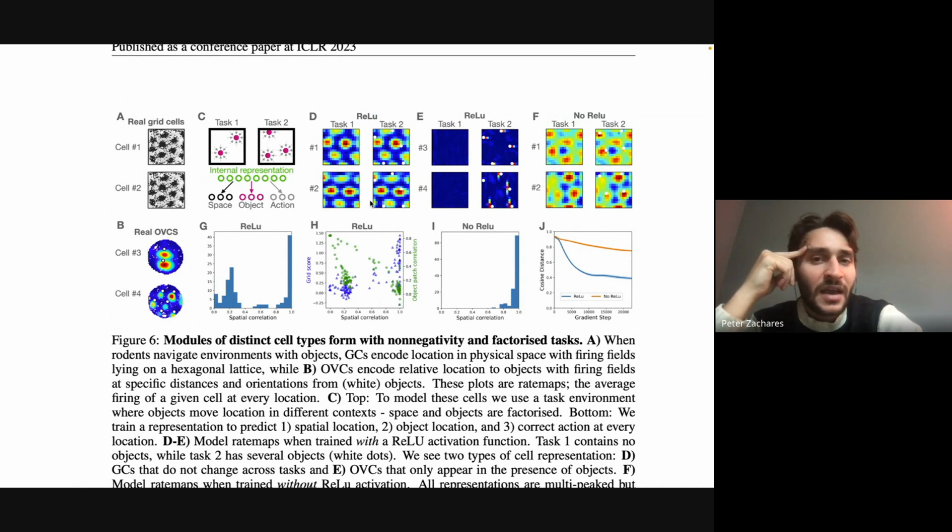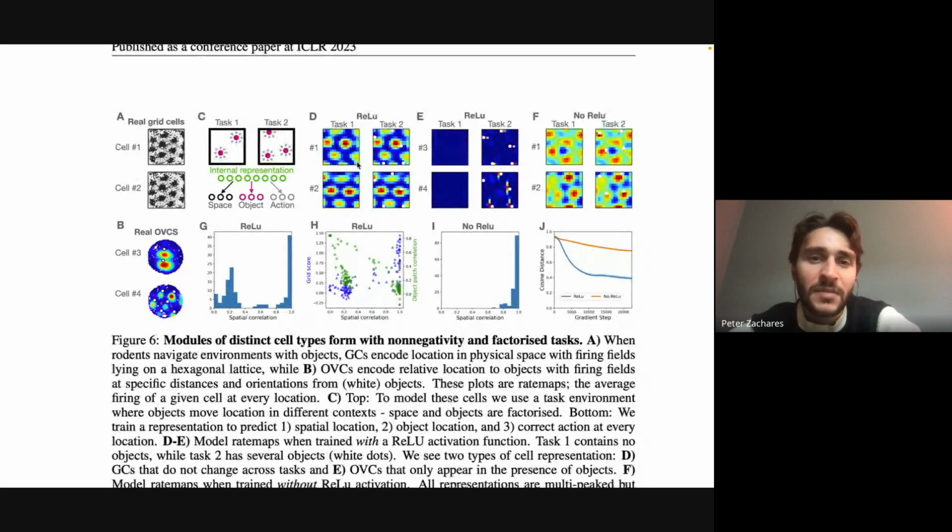And then what they show is that they have two variations of the task. One of the tasks is just that you're moving around. The other task is you're moving towards an object. And what they show with the RNN that you train is that it doesn't matter whether you're looking for an object or not, you still get these grid-like patterns through the RNN.